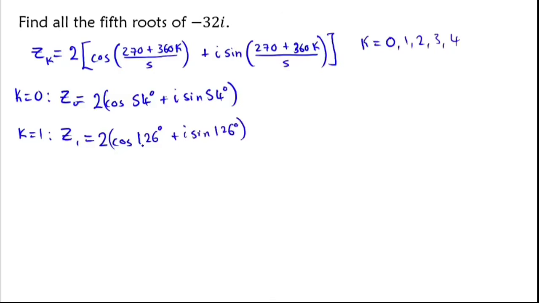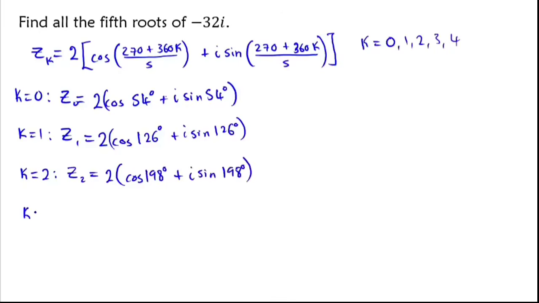Remember, you can find the actual values of this. You just don't want to because they'll give decimals. So z2, if I replace k with 2, then I'm saying 360 multiplied by 2 plus 270 divided by 5. I'm getting 198. So cos 198 plus I sine 198.